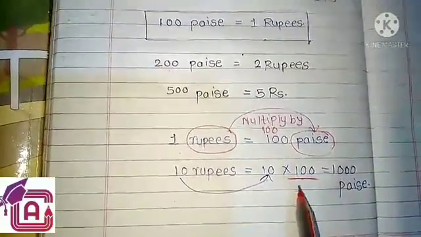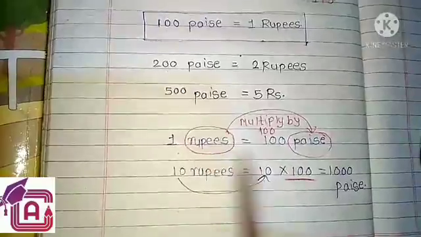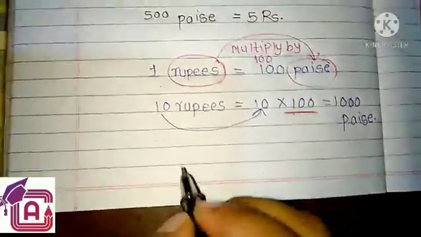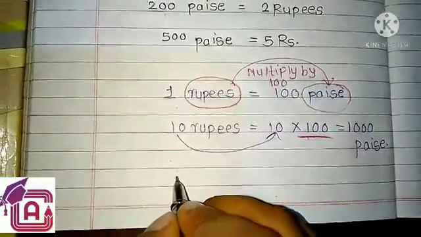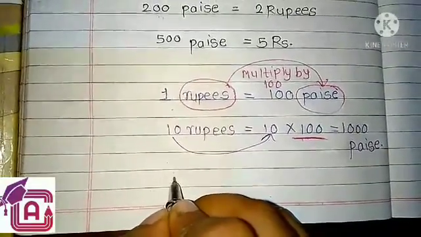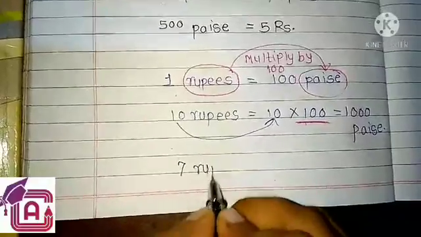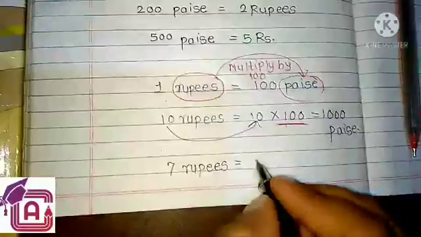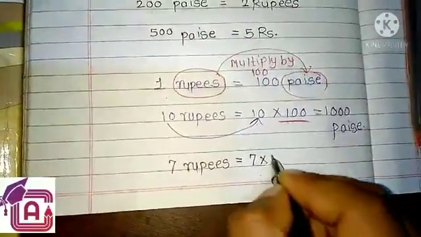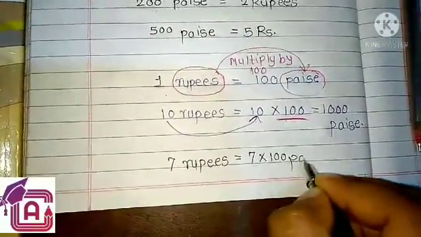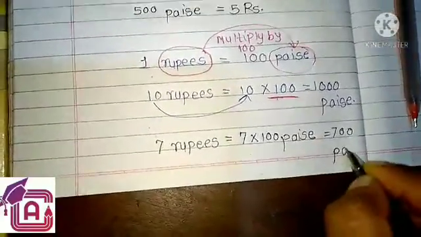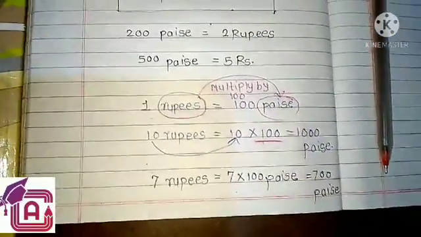We have to simply multiply the number of rupees with 100, because we know 1 rupee is equal to 100 paise. So let me take another example. If I have 7 rupees, 7 rupees is equal to how many paise? 7 as it is, multiplied with 100, is equal to 700 paise. In this way you can convert rupees into paise.